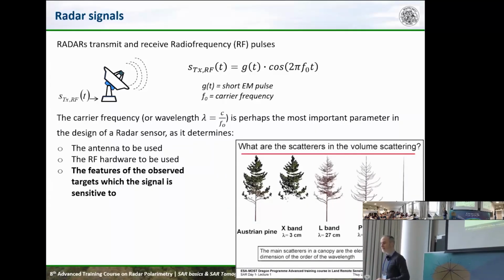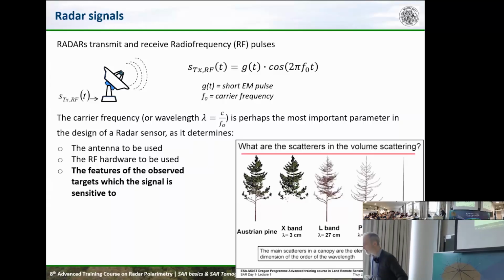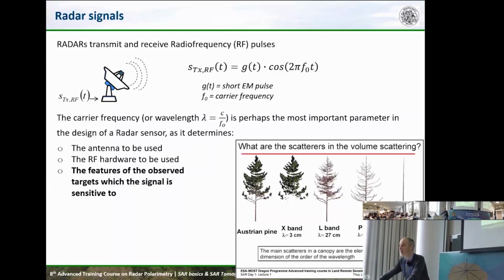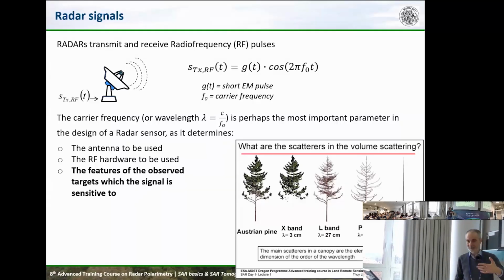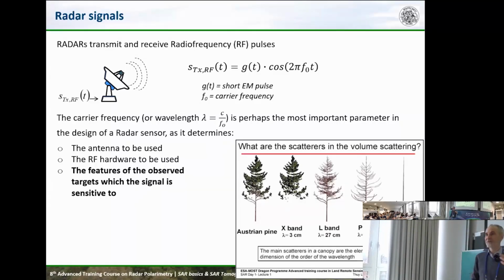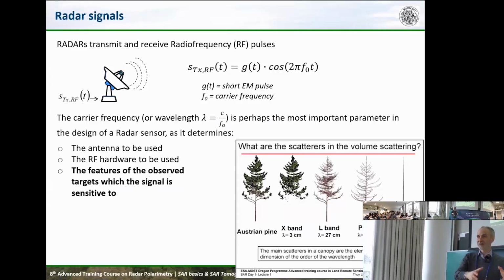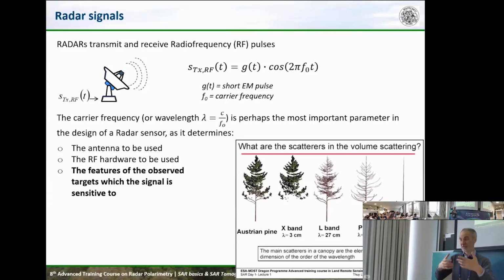Let me say that the carrier frequency or the wavelength is perhaps the most important parameter in the design, because it is the one parameter that will determine to which features of the target your radar is most sensitive.